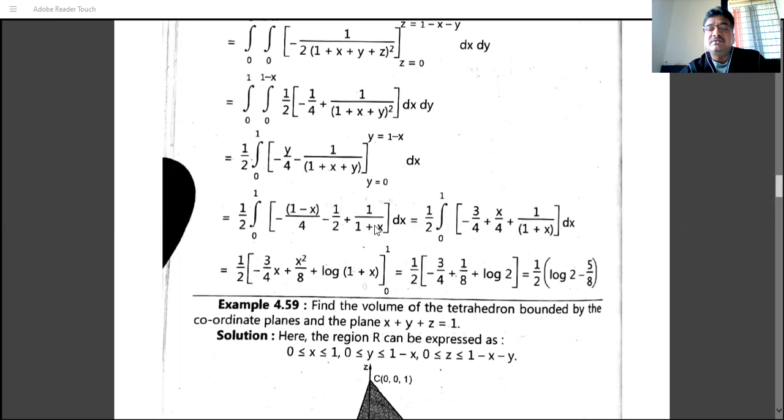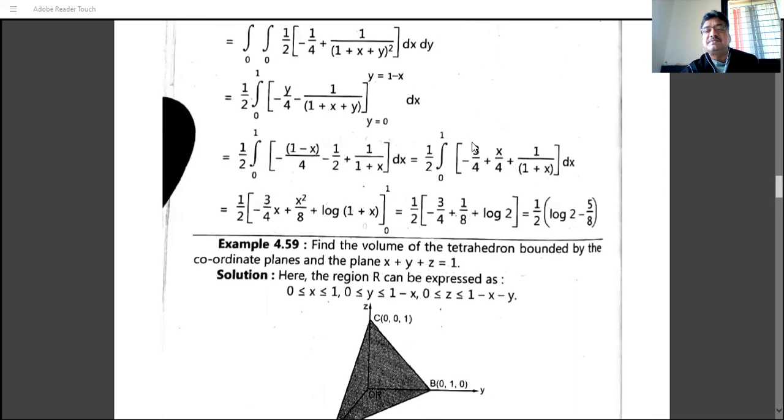And then its integration with respect to x is what? We have 1 by minus 1 by 4, and this is plus x by 4, minus 1 by 4, and minus 1/2 becomes minus 3 by 4, plus x by 4 at this quantity. And then integrating with respect to x.